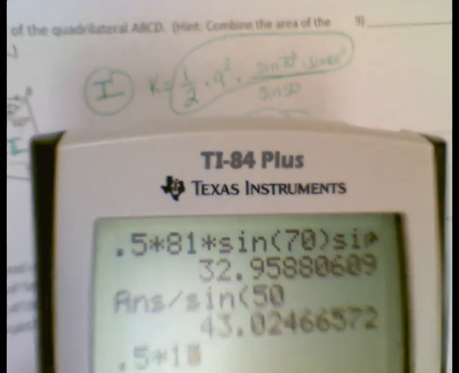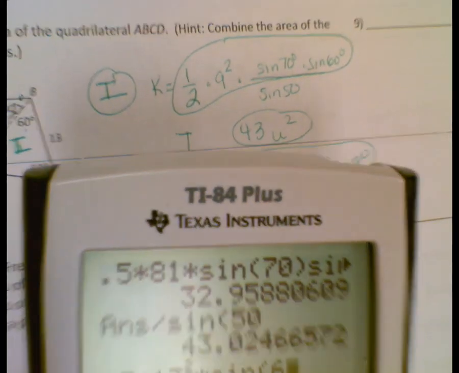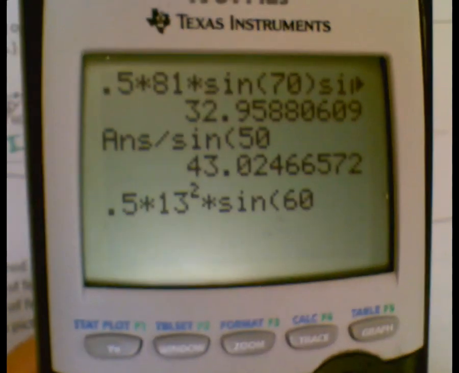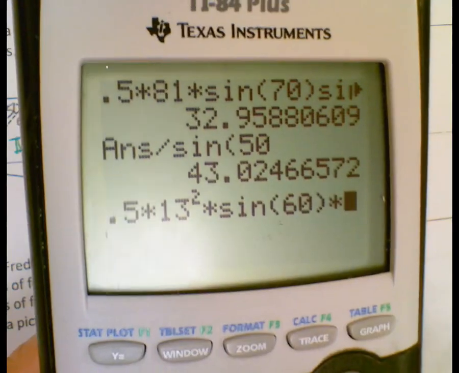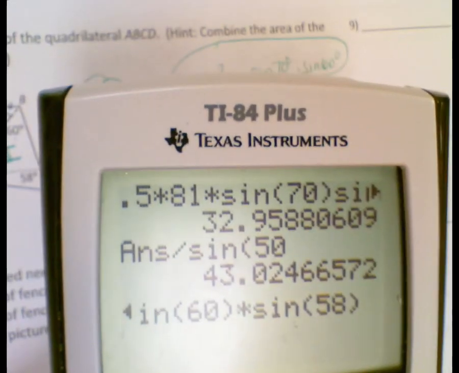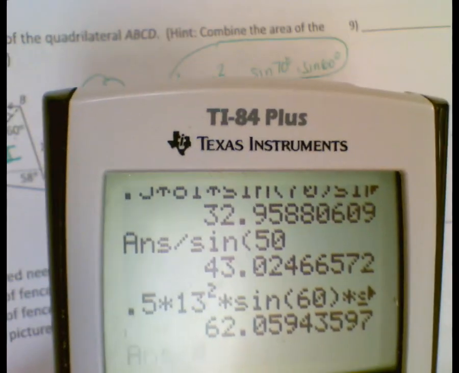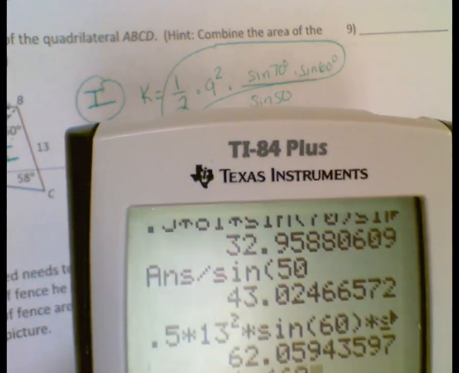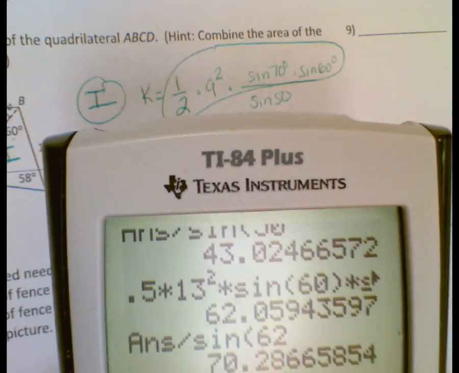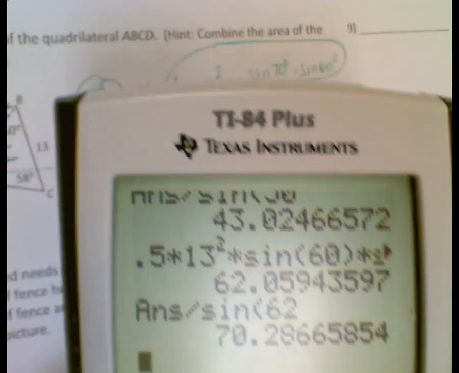0.5 times 13 squared times sine of 60. Close your parenthesis. Times sine of 58. Close that parenthesis. Press equals. Divide by sine 62. For an answer of 70.3.